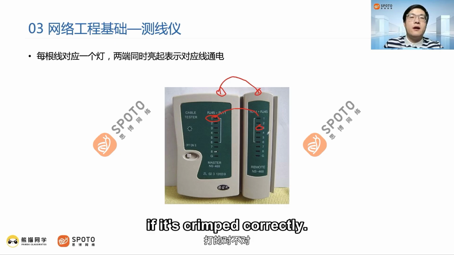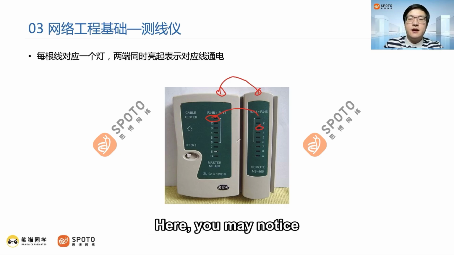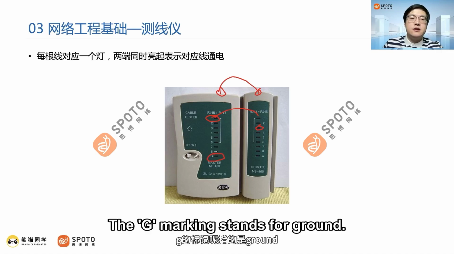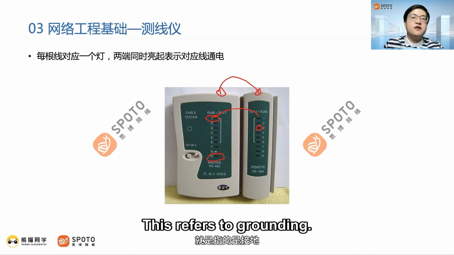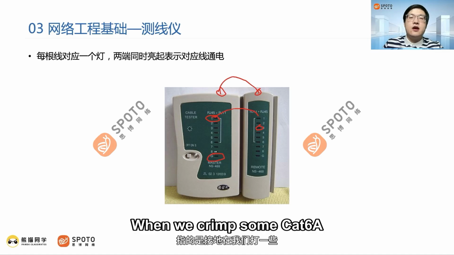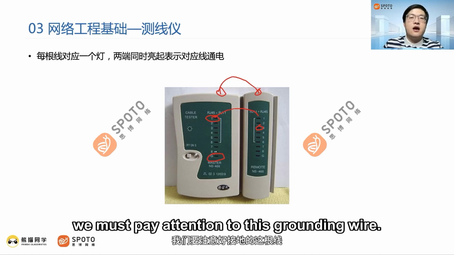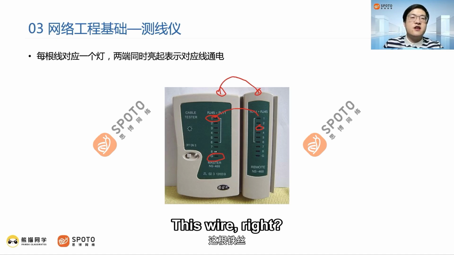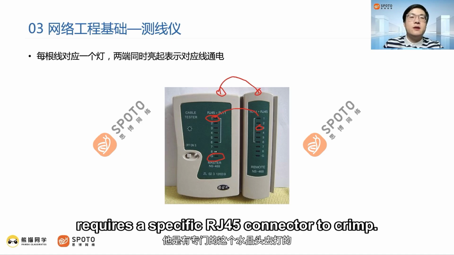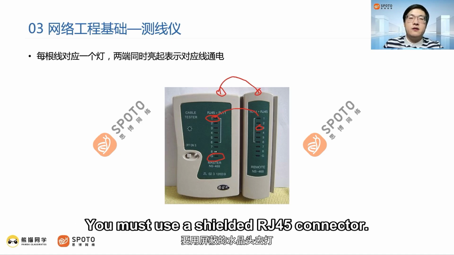If it's crimped correctly. Here, you may note a G marking. The G marking stands for ground. This refers to grounding. When we crimp some Cat 6A or Cat 7 cables, we must pay attention to this grounding wire. Its connection requires a specific RJ45 connector to crimp. You must use a shielded RJ45 connector.